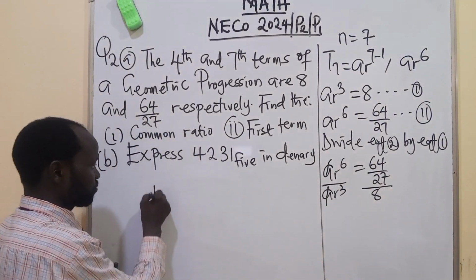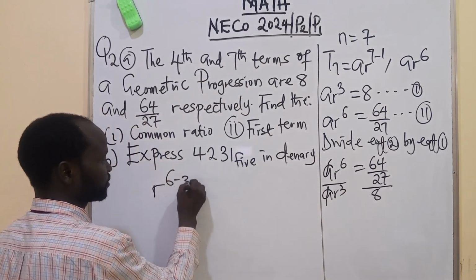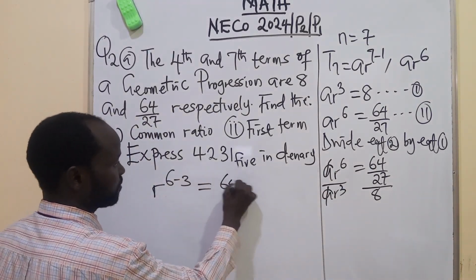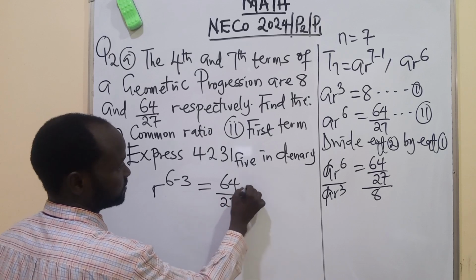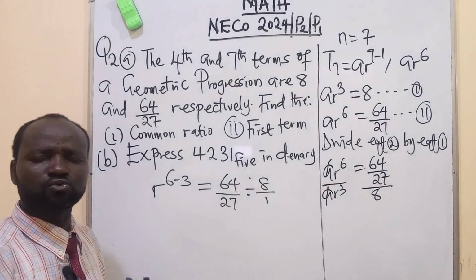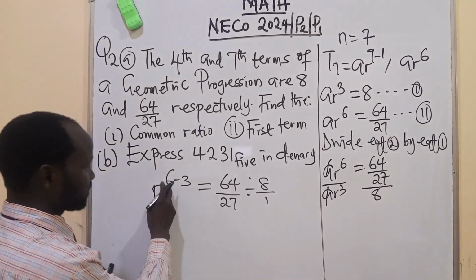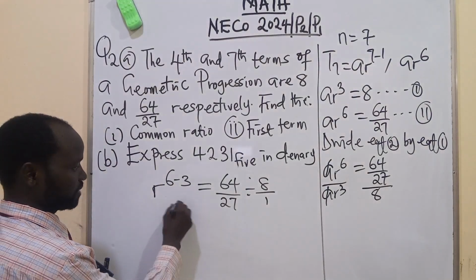R is common, so we pick one of the bases. Now we subtract the powers, that will be 6 minus 3. The right side will be 64 divided by 27 divided by 8 divided by 1, because any whole number has a denominator of 1. So 6 minus 3, of course, will be R power 3.